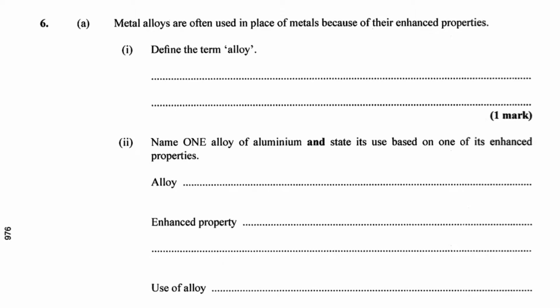So it means that this metal can be mixed with a metal, this metal can be mixed with a non-metal. All right. So the common mistake we tend to make is to just think that an alloy has to be metals mixed together. All right. So let's get that in for our 1 mark.